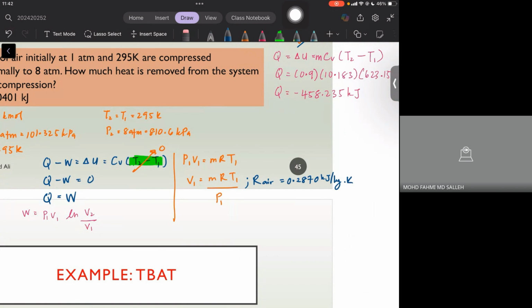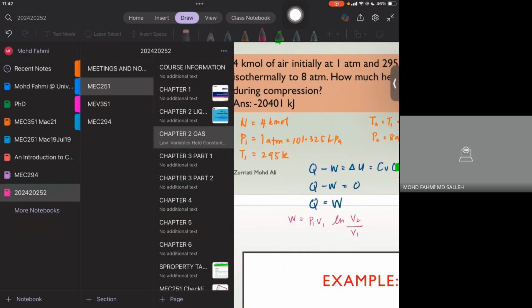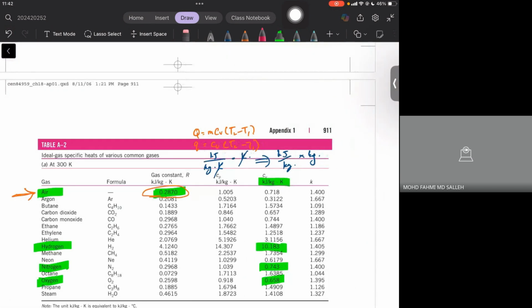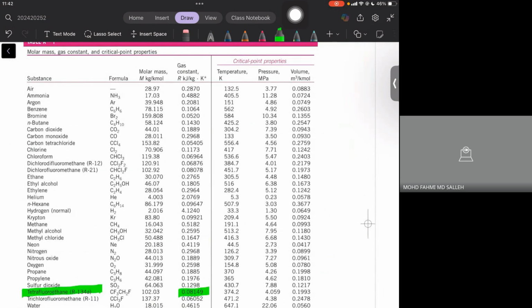Next, the mass is not given by this question. We can determine the mass from the equation mass equals molar mass times the number of moles. We have the number of moles, and if you refer to table 1 for the substance air, the molar mass is 28.97 kilogram per kilomole.